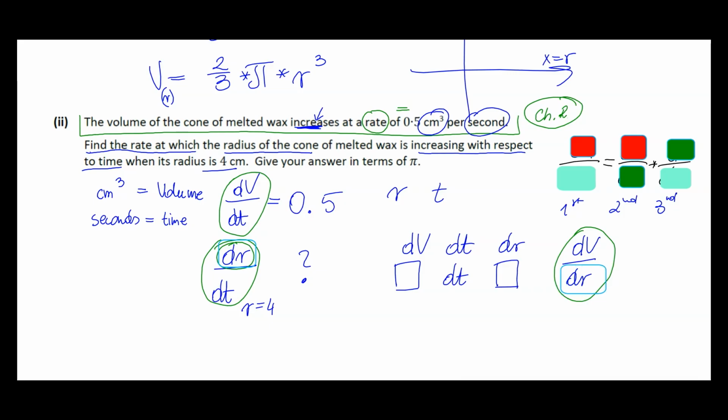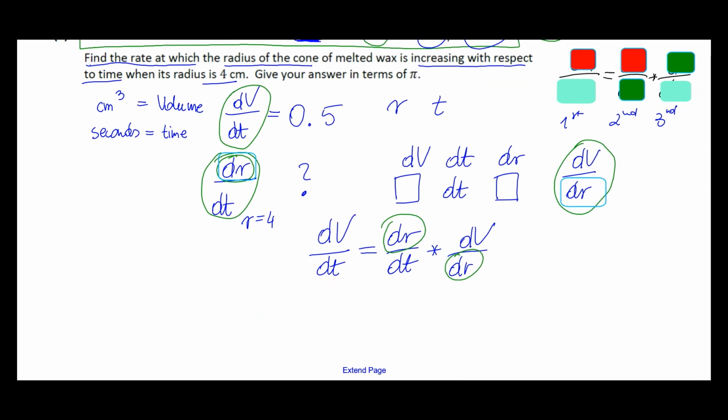So those two will be multiply. So that means dv dt will equal dr dt multiply by dv dr. Yeah, you can see that two elements are here.